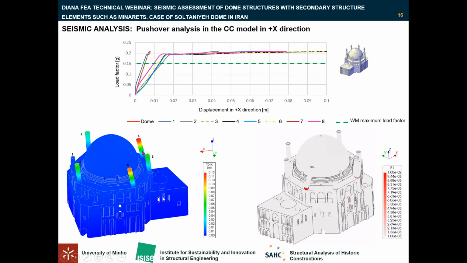Minaret number 4, 5, 6, and 8, which were reconstructed, experienced displacement of about 80 millimeters at maximum load factor. We can see that the minarets next to these minarets, it means minaret number 1, 3, and 7, have been partially collapsed. So the high displacement in these minarets can also be attributed to the distortion of building geometry and load path in the structure in these sections.